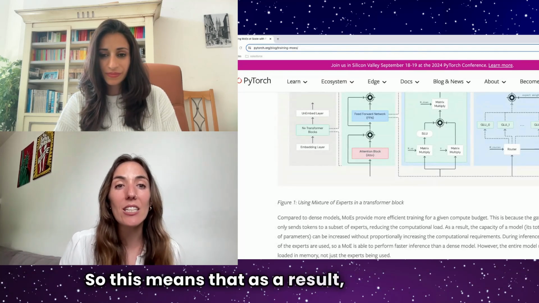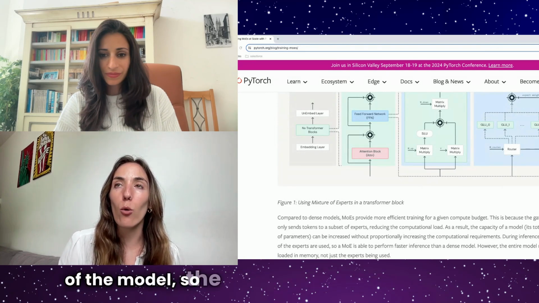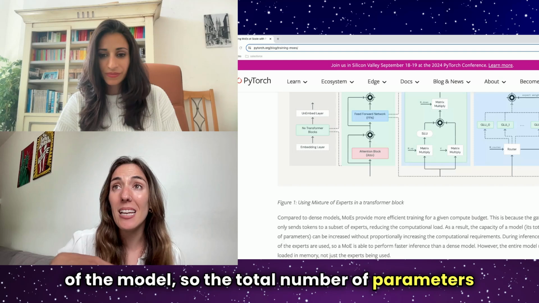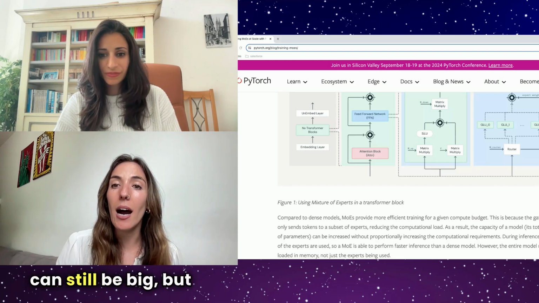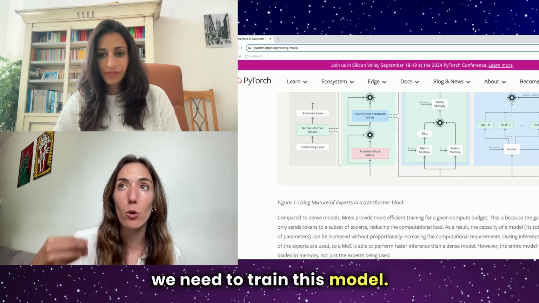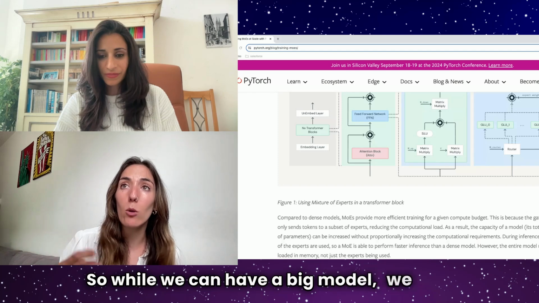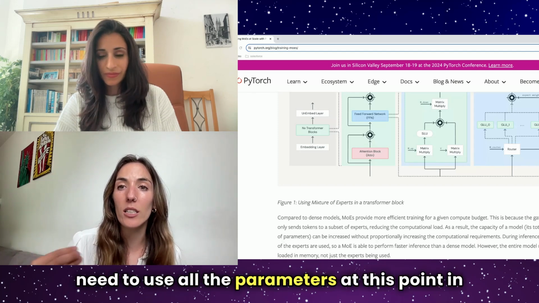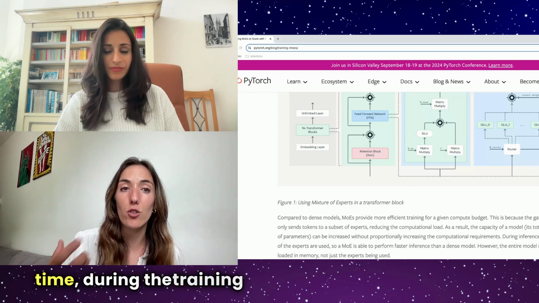As a result, the capacity of the model, the total number of parameters, can still be big, but without increasing the computation we need to train this model. So while we can have a big model, we don't need to use all the parameters at each point in time during the training process.